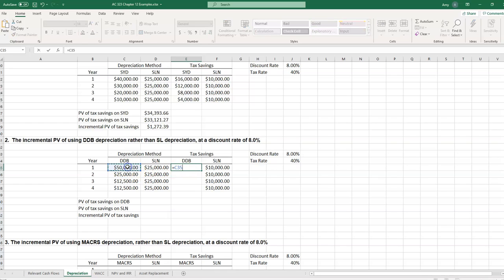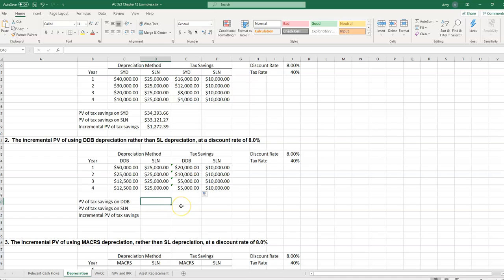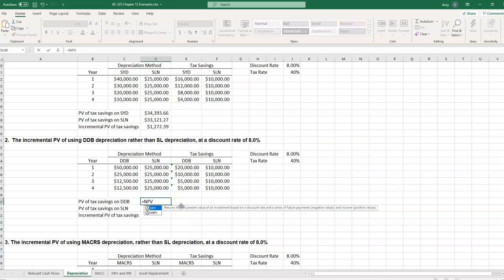So then we would take our depreciation expense times our tax rate to get what the tax shield is for our depreciation. Then we'll calculate the net present value. Our rate is 8%.